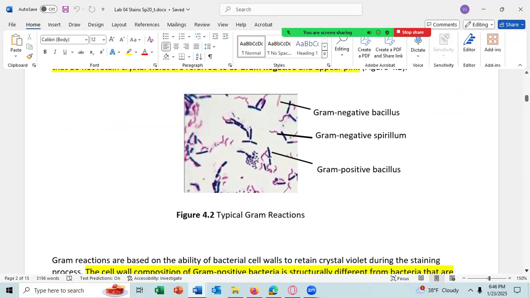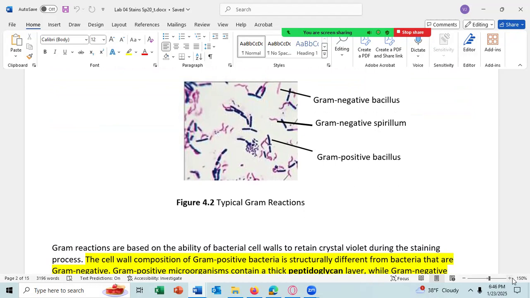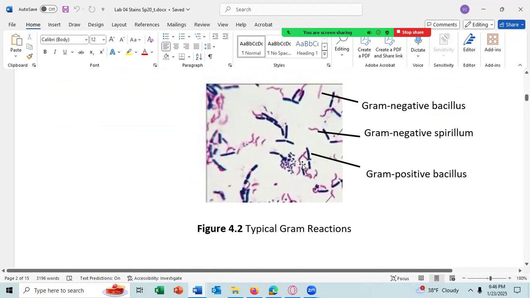All right, here we're looking at a Gram stain, a gram-negative rod, right there and there, and gram-negative cocci in here. Excuse me, not gram negative. That's gram positive, purple: gram-positive bacillus, and then gram-positive cocci. I got the stain wrong.